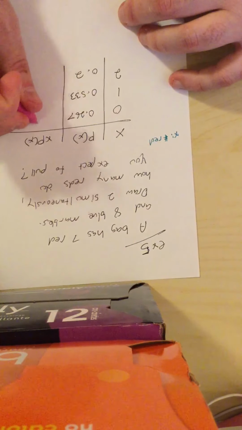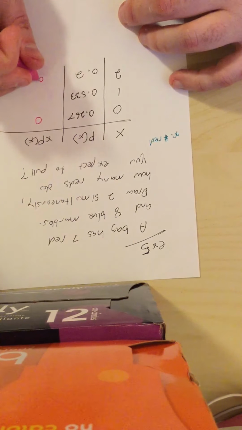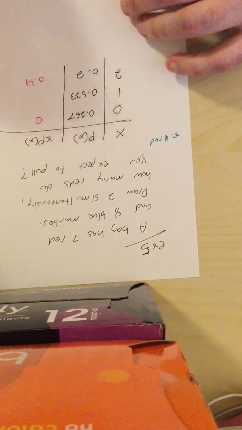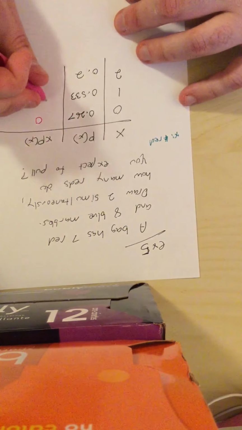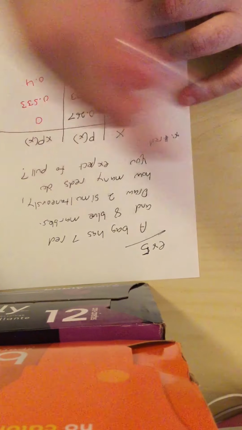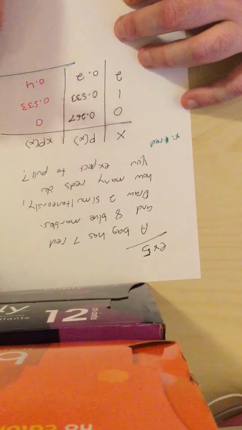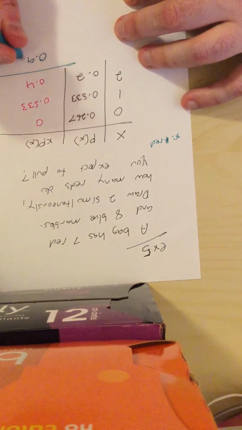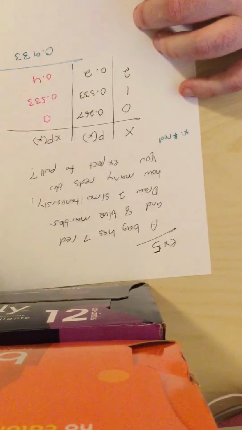And so the X times P of X is going to be 0, then 0.533, and 0.4. And we add all that up, and we get 0.933.